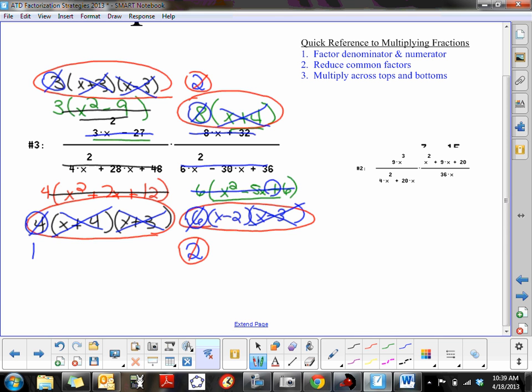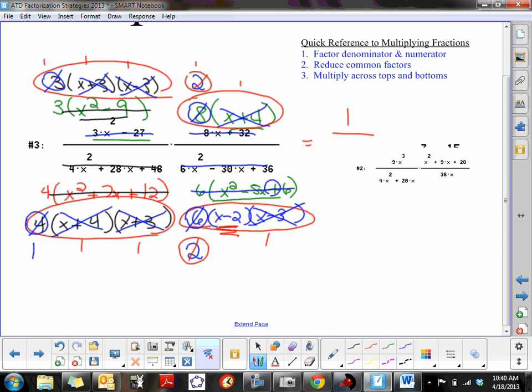Cancel. Holy buckets. What's left in the numerator? Everything got canceled out, so what is that? 1, because all these, really we should be putting 1s on all these, but a lot of times we don't because there's a lot of redundancy. So what's left is a 1 on the numerator. All of these are ones that we canceled out, but the only thing that didn't become a 1, whoops, is, I lost track of it myself.